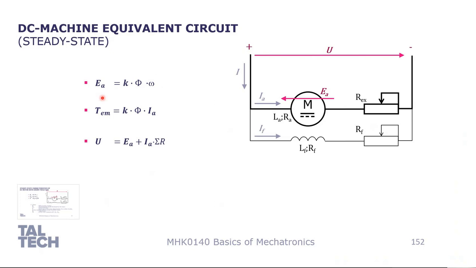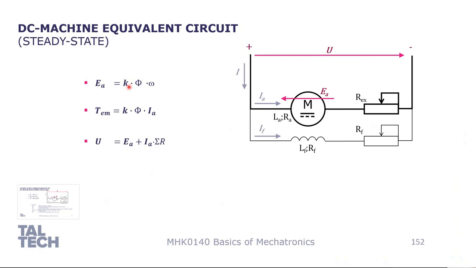It means there is no electromotive force produced by the armature when it's not rotating, and the higher the angular velocity, the higher the EMF we will get.